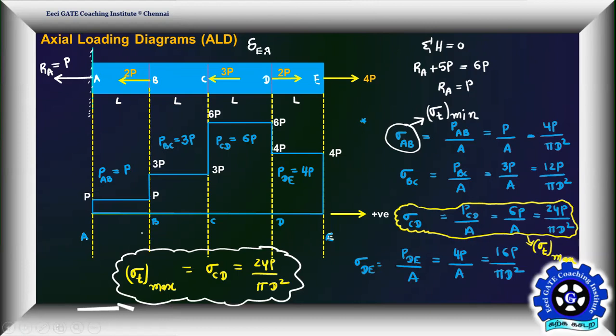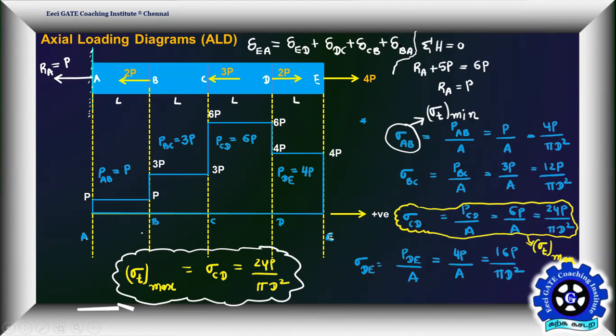Delta EA equals delta ED plus delta DC plus delta CB plus delta BA, by the principle of superposition. Delta BA and delta AB both are same.